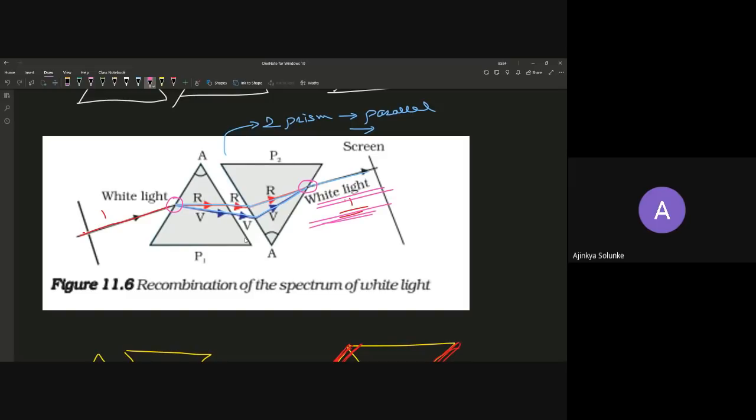So let me know if you are able to give me the answer for this. The question is, if we use two prisms, why are we going to get white light again? What kind of reason are you going to tell? A simple scientific reason for this. The two prisms act as what exactly?